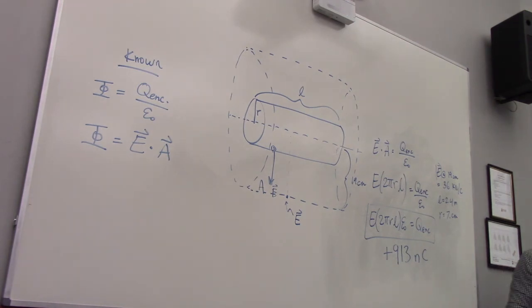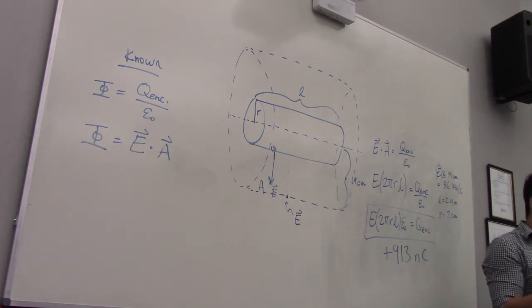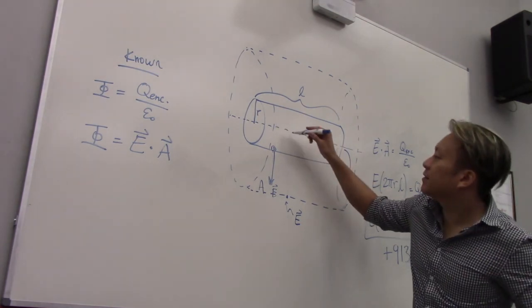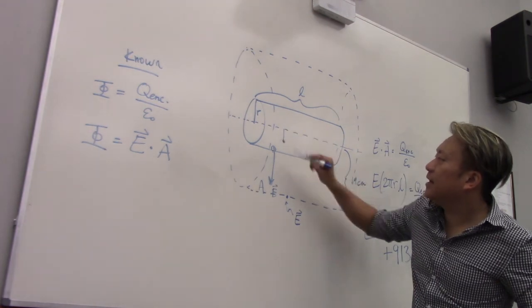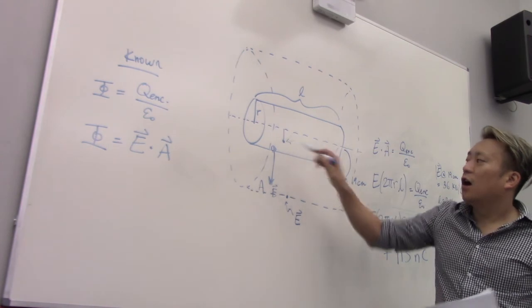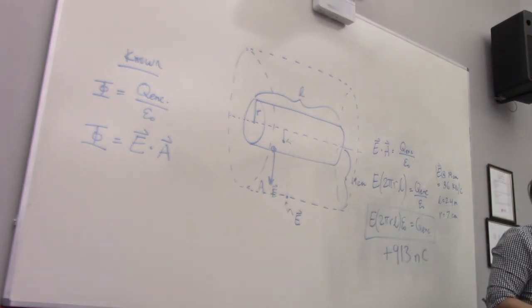Yep? All right. Now the second question was, what is the electric field at 4 centimeters from the axis? So 4 centimeters is about like here, because that one was 7. At that point, what is the electric field there?